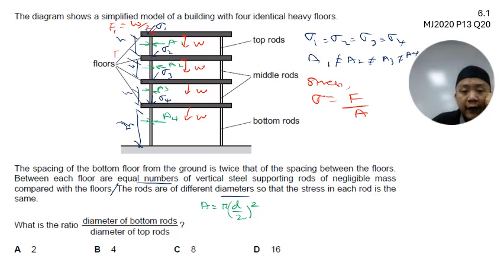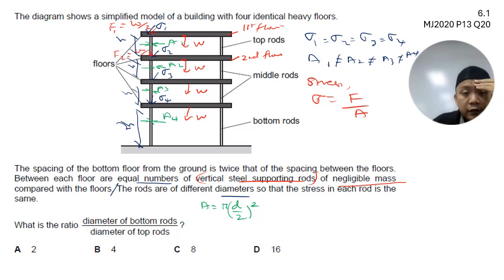So for F2, it will accumulate not only the weight due to the second floor, and this is the first floor, but also because the first floor is on top of the vertical rod and the vertical rod is on top of the middle rod. Given that the vertical steel supporting rods have negligible mass, we assume it to be 0, which is actually not really that realistic.